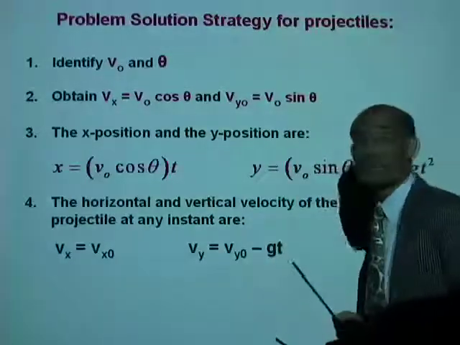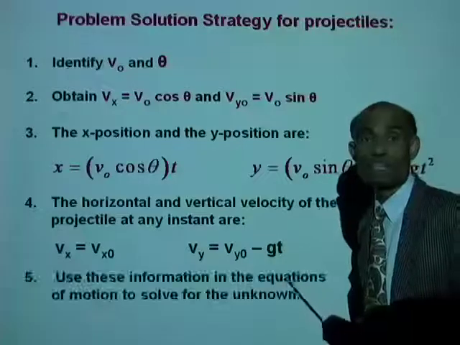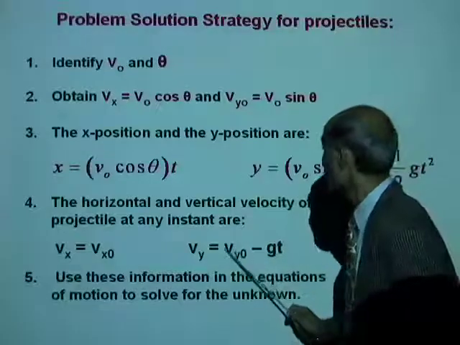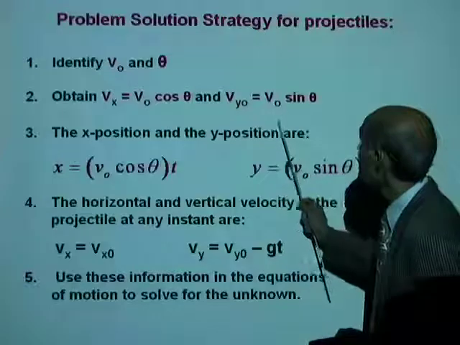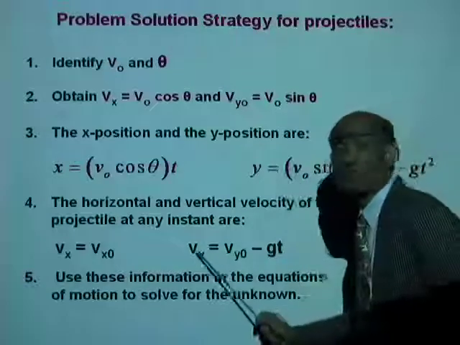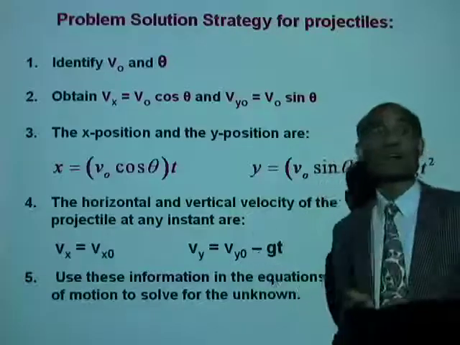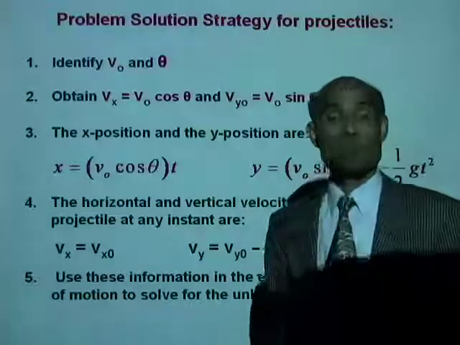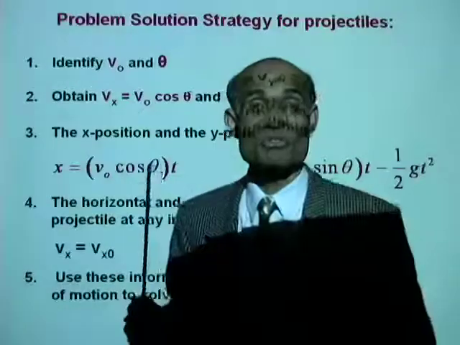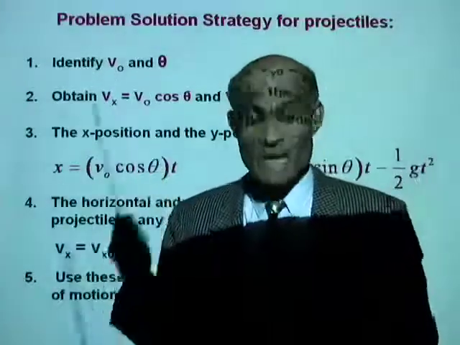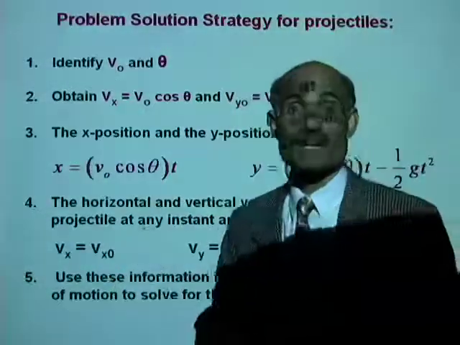Vy equals Vy0 minus gt, where Vy0 is V0 sin theta. So Vy equals V0 sin theta minus gt. Once you have these relations, you can actually solve any problem in projectile motion.